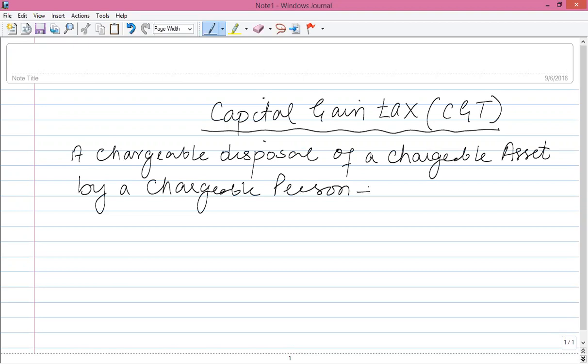Now let's discuss the definition. First of all, what is chargeable disposal? What is chargeable asset? And what is chargeable person? Disposal in normal case is the selling of an asset.